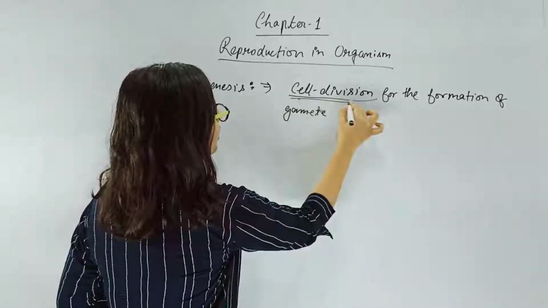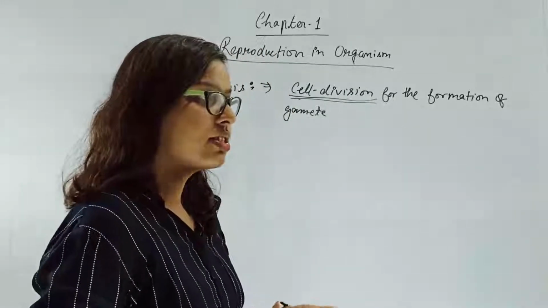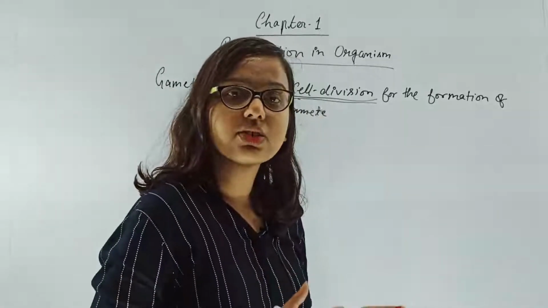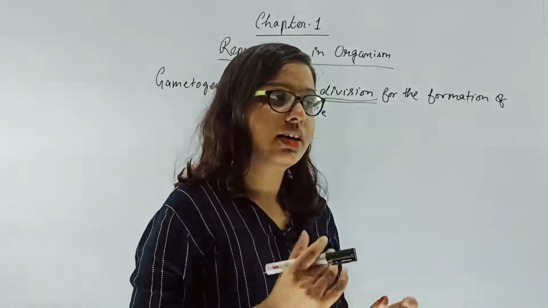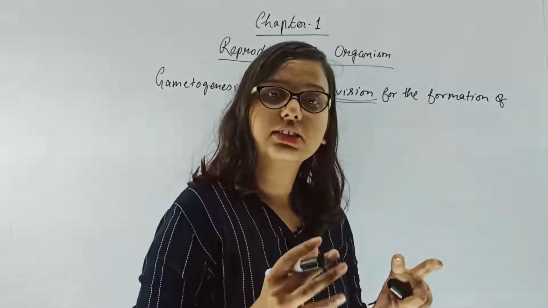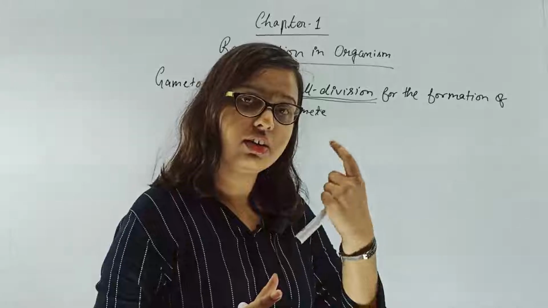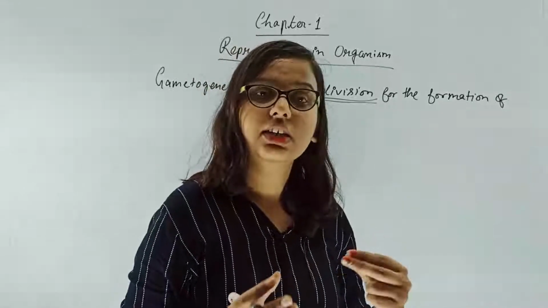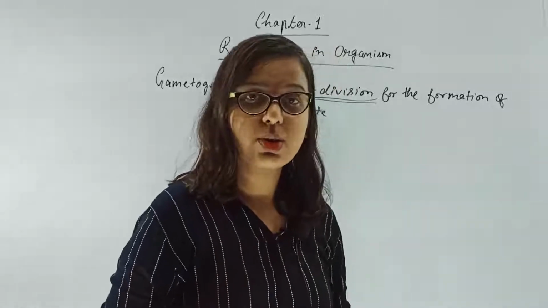So there are basically two types of cell division, meiosis and mitosis. Meiosis is the reductional division, mitosis is the equational division. So in meiosis, what happens? The total number of chromosomes in an organism reduces to half. Suppose there is a plant in which there are 26 chromosomes in total.